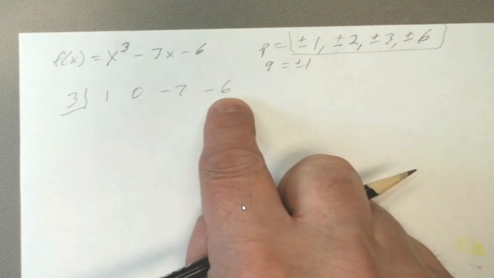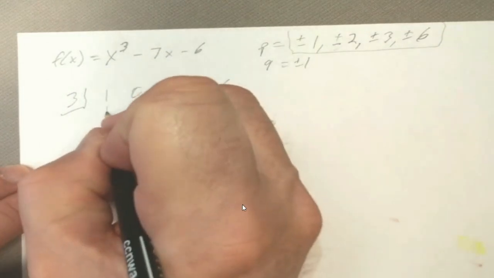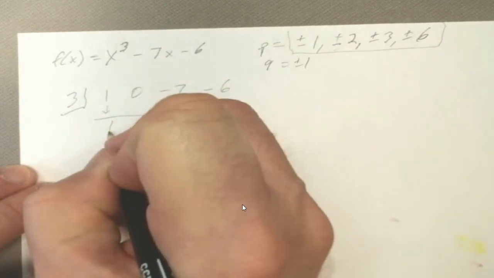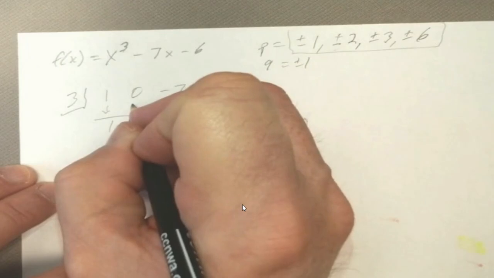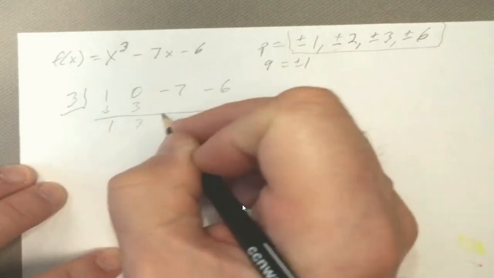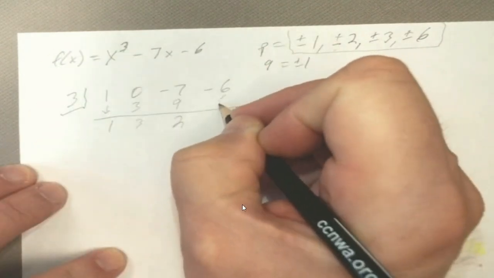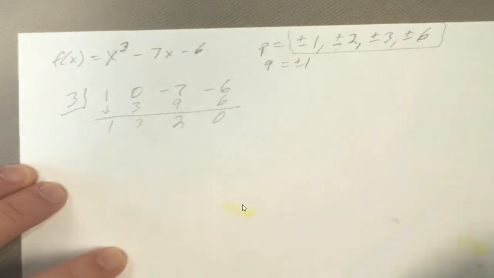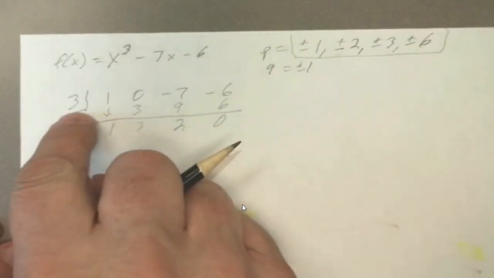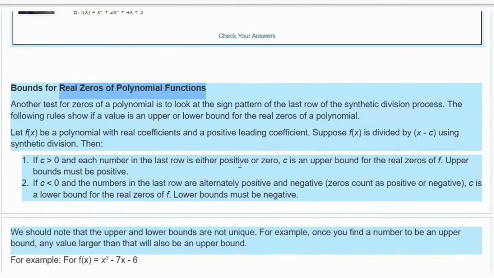You have to account for every single one of them. And since there's not an x squared shown, we have to add it in there. So this comes down, 1. 3 times 1 is 3. 3 plus 0 is 3. 3 times 3 is 9. We add those. 2 times 3 is 6. Remainder 0. 3 is a factor. But let's see what the upper bound thing tells us.